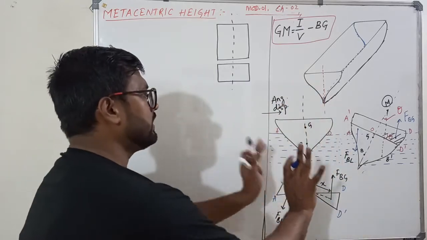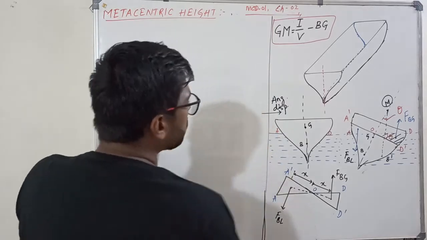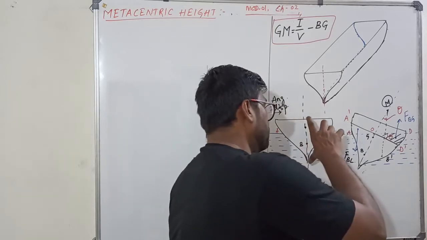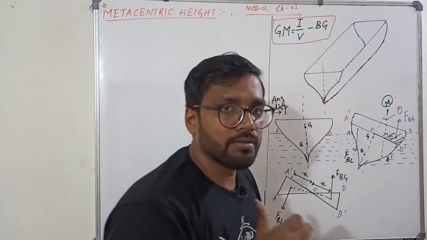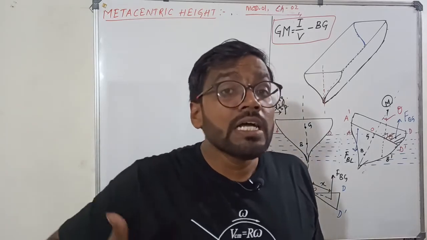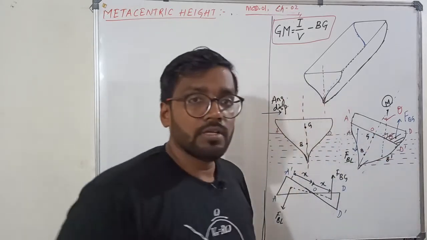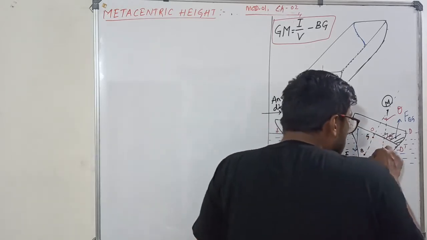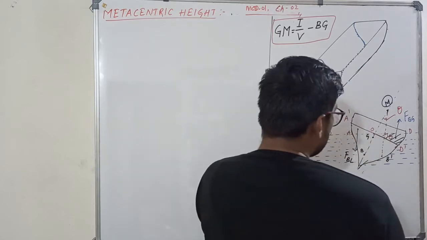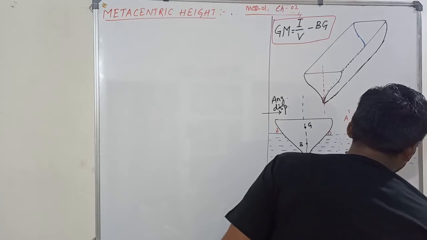Very good. Now let us keep it here only. Now coming to this part. Initially there was no buoyancy, initially there was no F net. Now there is some change in moment because of the shift in buoyancy. So this force FB is acting vertically upward.